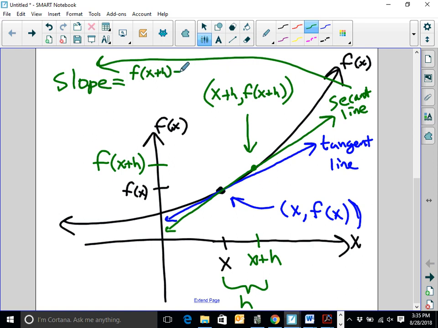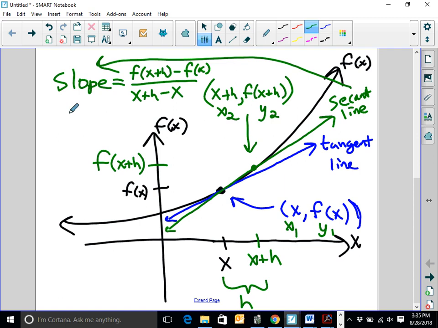If you want, you can think of this as y2, and this as y1, over x plus h, our x2, minus our x1, which is x. So that quotient will be the slope of our secant line: f of x plus h minus f of x over x plus h minus x.